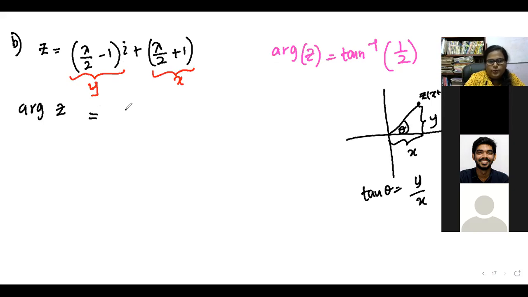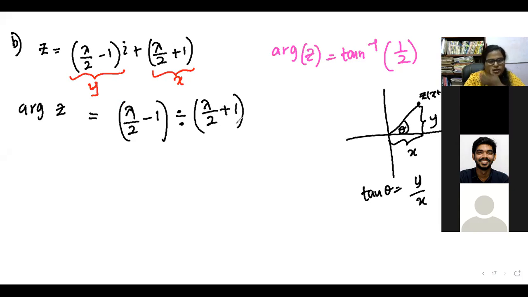So I'm going to use this tan theta value. Arg z is given like lambda over 2 minus 1. This is our y value, divided by the x value, here lambda over 2 plus 1. So I'm going to simplify this one by taking a common factor 2.